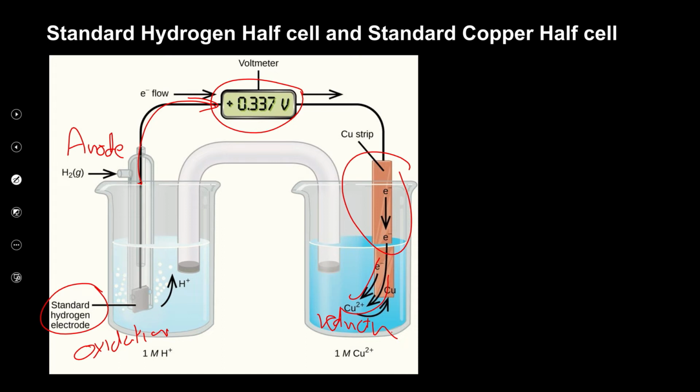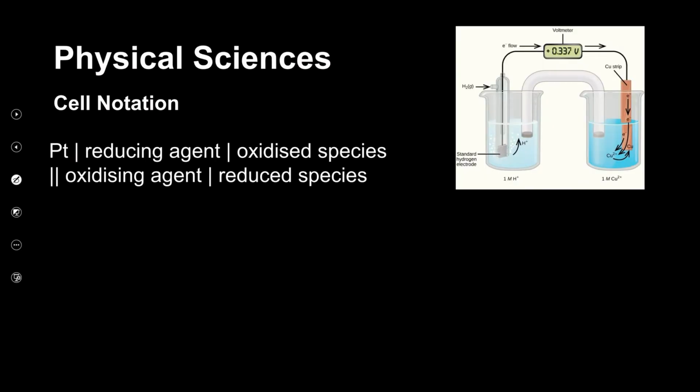Let's make sure that we can write the cell notation for this. Here, we're going to start with the anode, and you'll see we always start with the anode. We're going to start with the platinum electrode. The reducing agent, in this case, is going to be the hydrogen, and it is the gas. I'm not going to put in the pressure, because let's just put it in 103 kilopascals.